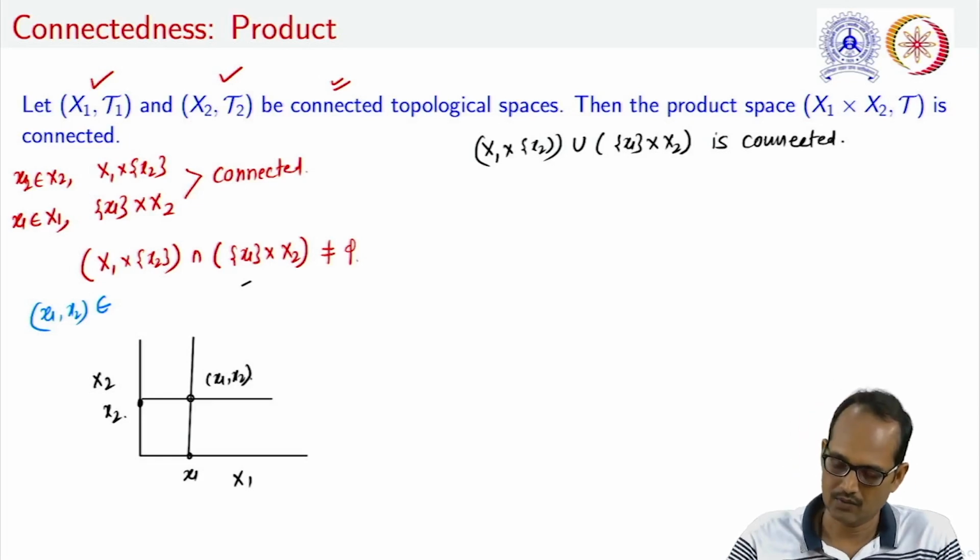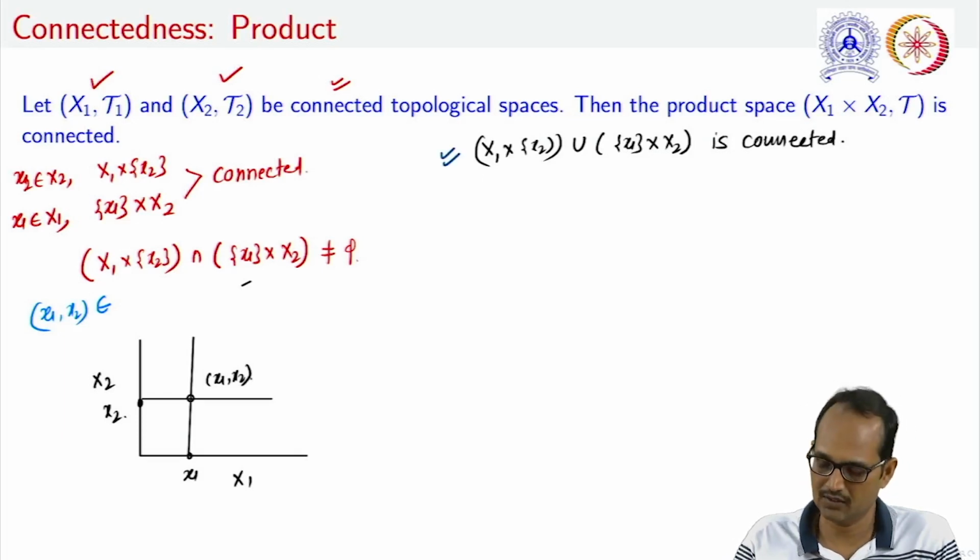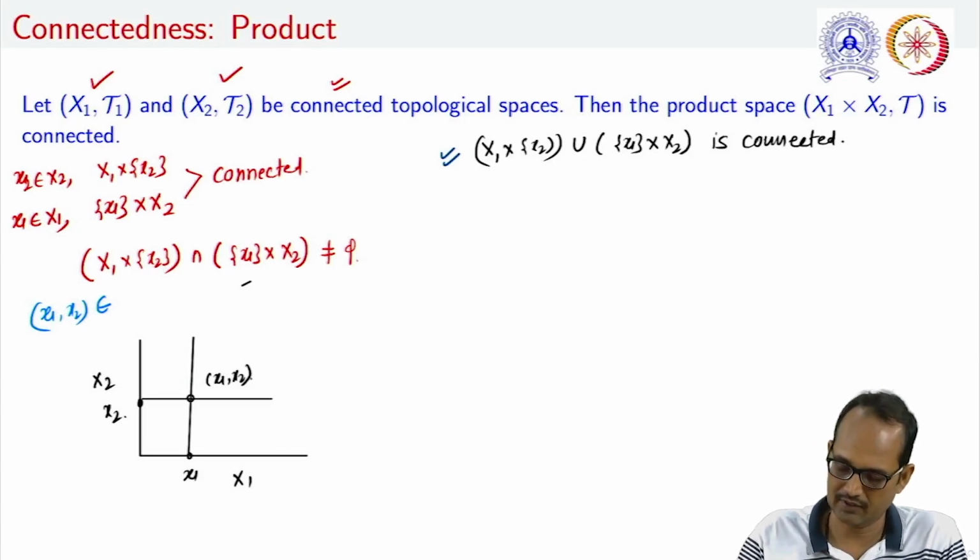Now, by using the connectedness of this union, we can construct some other sets, and for that let us fix an element a in x2, and take any x belonging to x1.